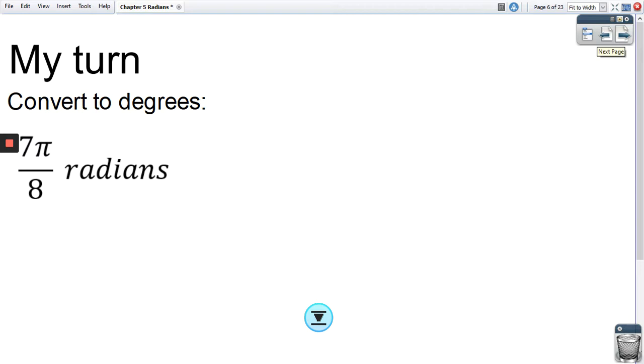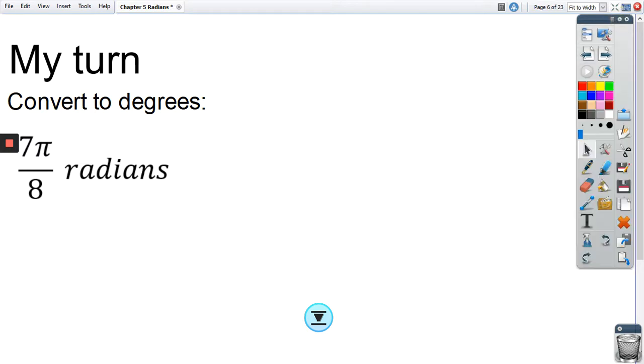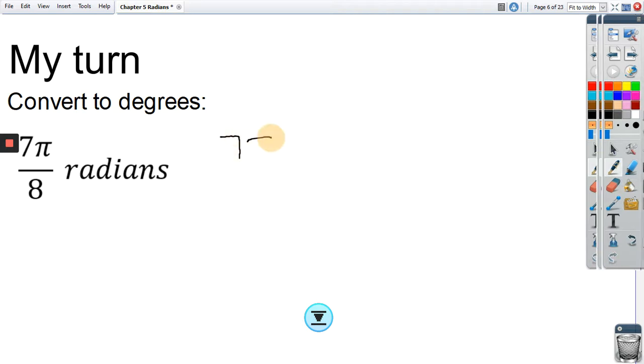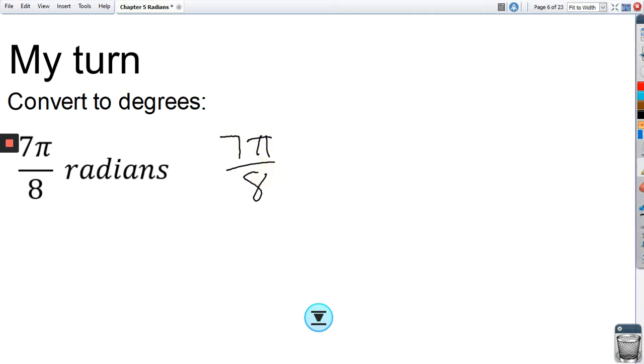So 7 pi over 8 radians, how many degrees is that? Well, on the last slide, we saw that 1 radian is 180 over pi. So what we do is we take 7 pi over 8, and we times that by 180 over pi. And the pi's, you'll see that cancel.